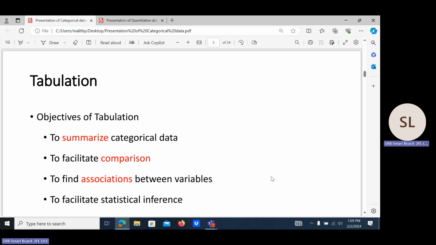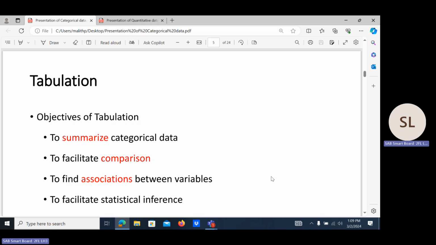Understood? Then the other one is we can simplify the complex data. We have a lot of numbers, and we cannot get any idea about that data set. But if we use the tabular format and present those data, we can easily understand what they represent.